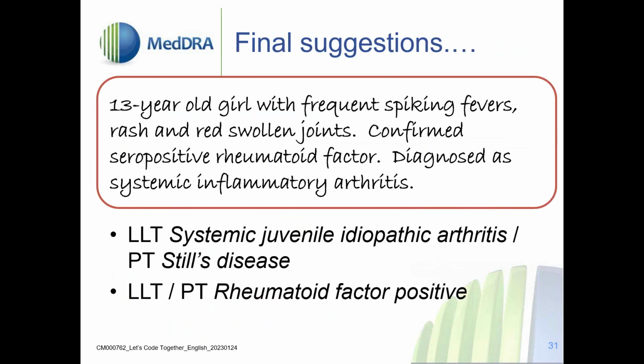And then the last question that has come in: why is rheumatoid factor positive not only coded as a lab test result? Well, it's a finding. It's not a usual finding that you would find in a healthy person. So it's an adverse event, so to say, not a clinical sign or symptom or diagnosis, but an investigational finding that is relevant in this case because it's indicating an autoimmune component.